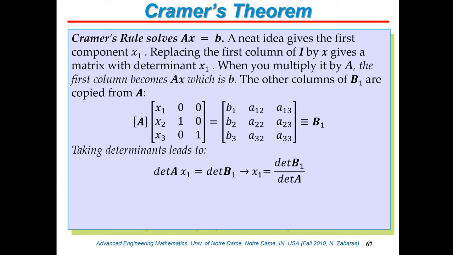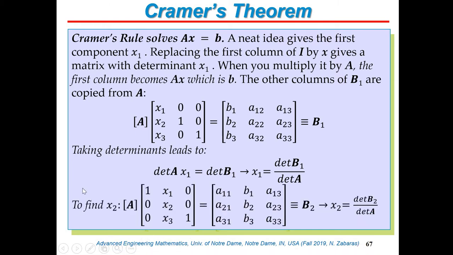So somehow, by forming this matrix B1, where again B1 is the A matrix with the first column substituted with b, I'm able to calculate the first unknown in my linear system of equations Ax equal to b, and I can actually do the same thing with x2.